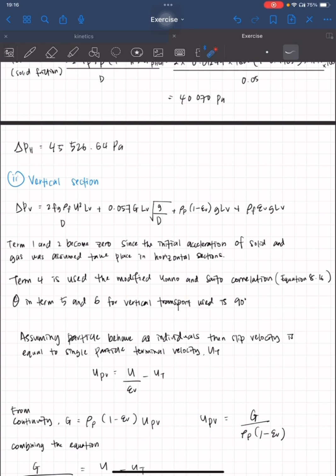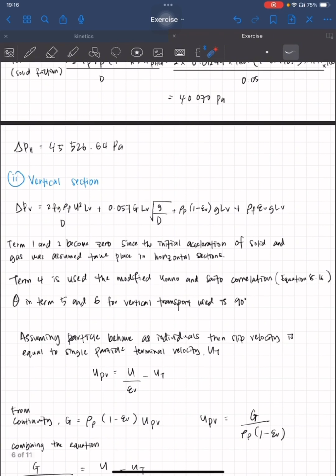And then term number four is modified by using the Konno and Saito correlation, which is equation 8.16, and the theta of term number 5 and number 6 is 1, since the angle used is 90 degrees.